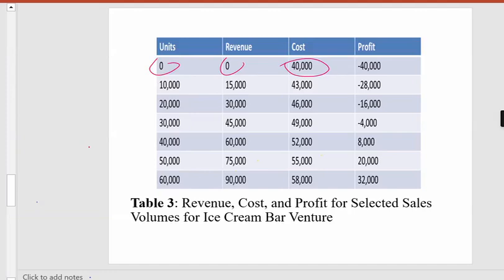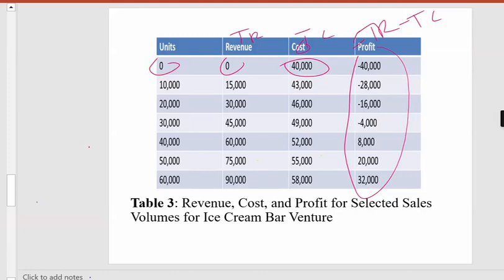Profit here is total revenue minus total cost. This is total revenue, and this here is total cost. So 0 minus 40 means there is a loss.